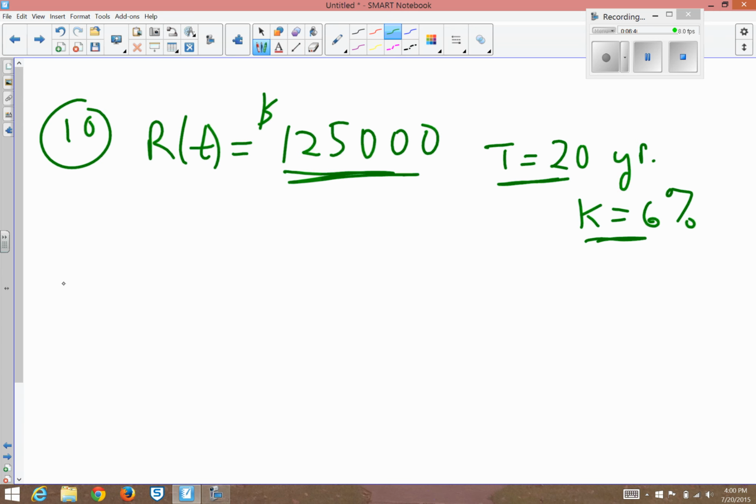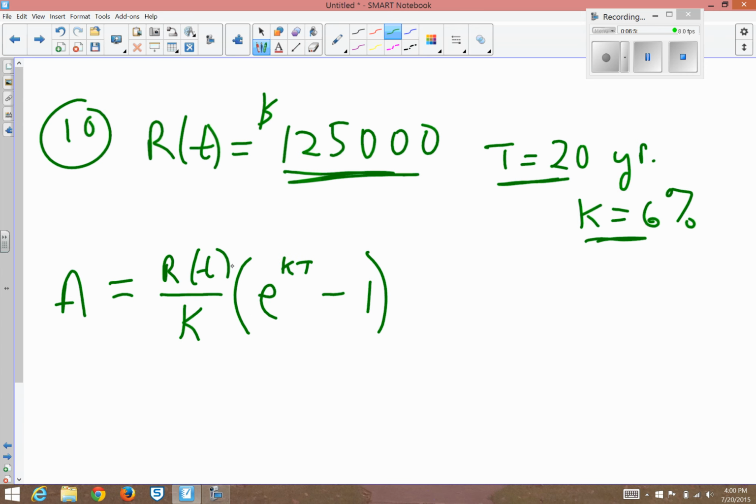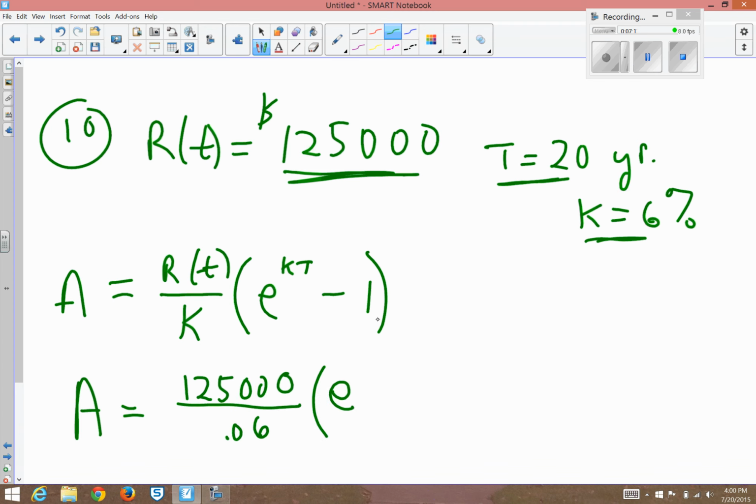The accumulated future value is R of t over k times (e to the kt minus 1). Right here where it says R of t, we put 125,000. Below that we put k, which is 0.06. Next to that, in parentheses, we write e to the 0.06 times 20.